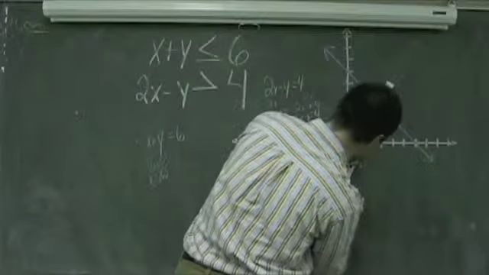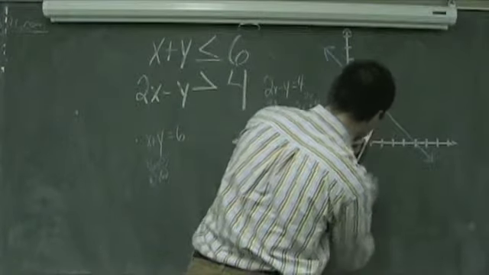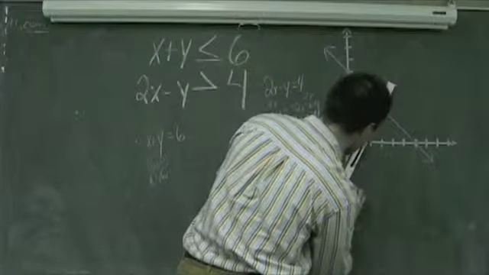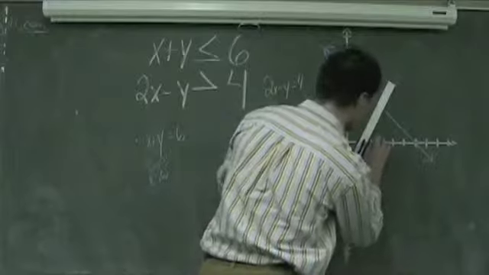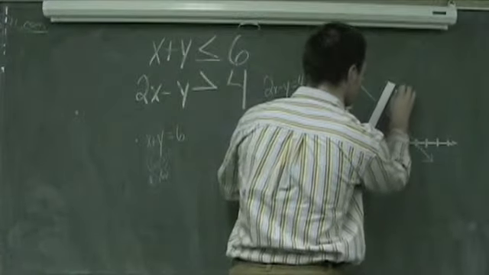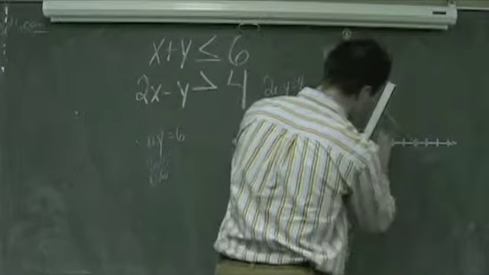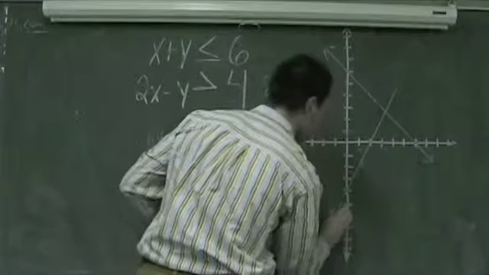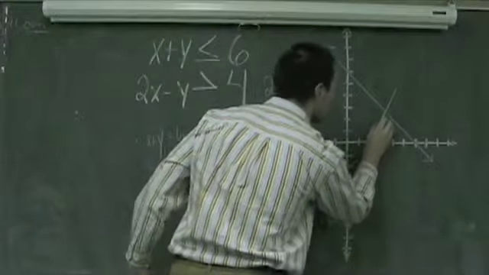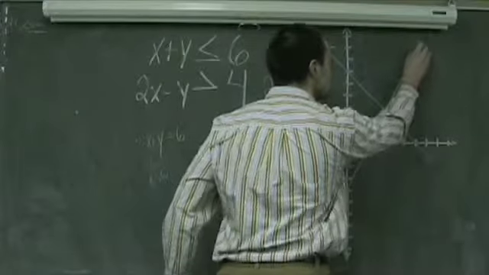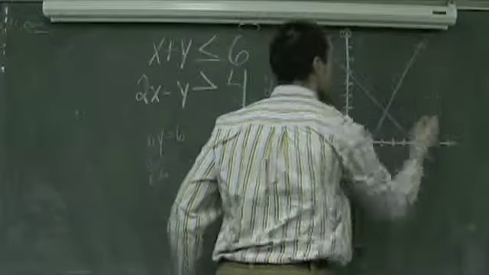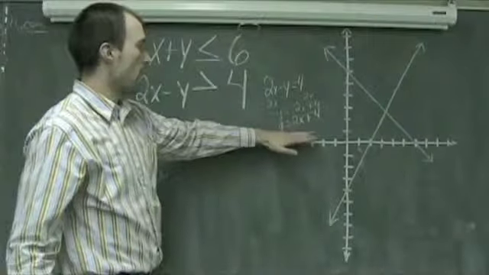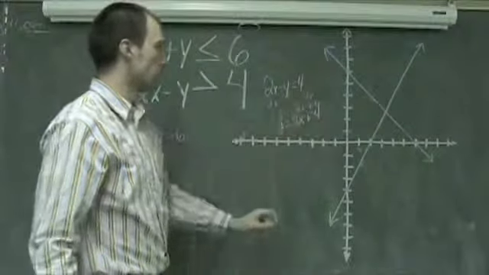Okay, I'm drawing in this line here. We're going to connect these 2 points. And now in my green, I have the line y equals 2x minus 4.